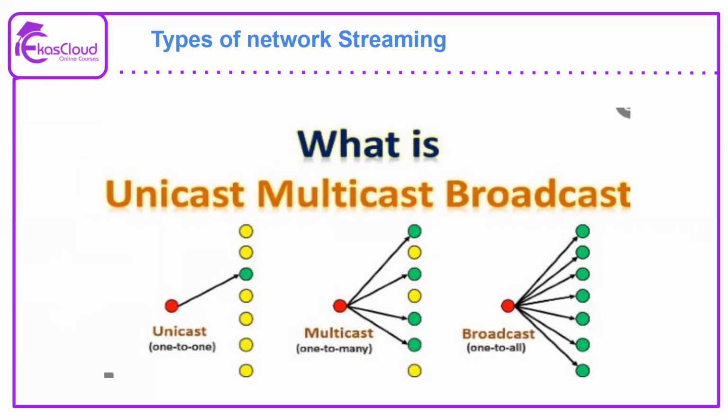When one computer talks to another one, that is called unicast. Broadcast is where one computer is broadcasting the information to a group of computers. The multicast is differentiated from the broadcast, wherein a computer can broadcast to a selected number of computers in a large group. That is called the multicast.